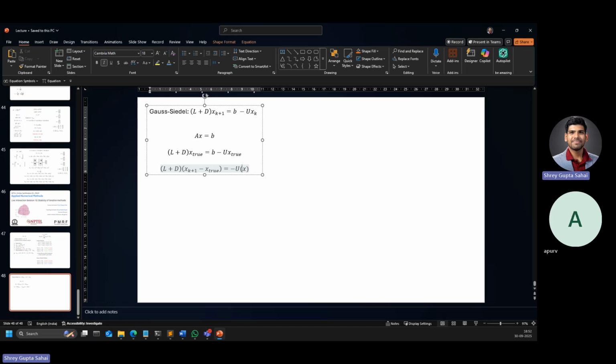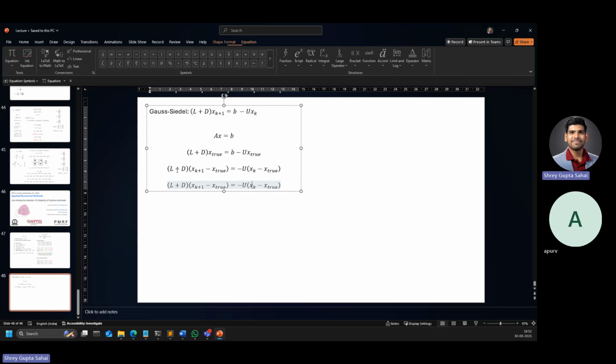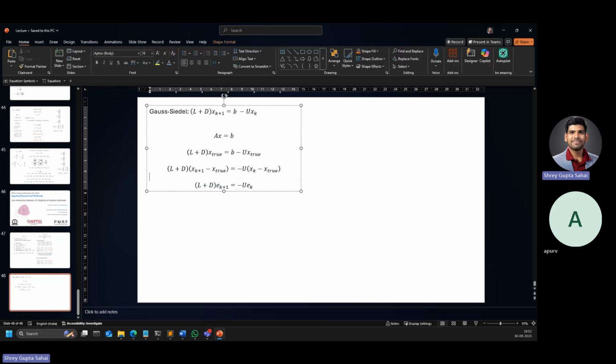You will have minus U (x k minus x true). Quite interesting. One more thing we'll do is call this entire thing the error. This is the kth error at the kth iteration, and this will be the error at the (k plus 1)th iteration. Up till now, is everything fine, Apurv?